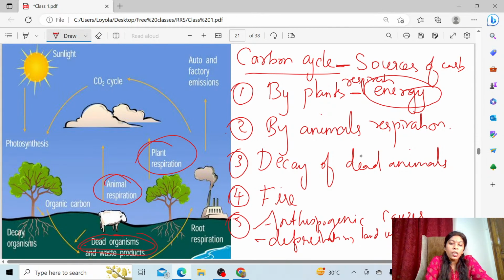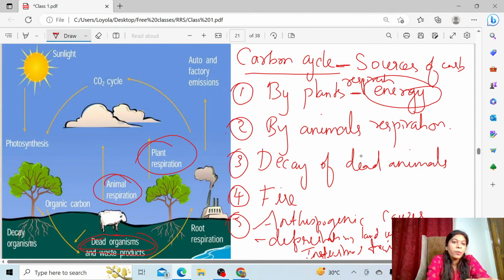Then industrial activity, burning of fossil fuels. If you want, you can write burning of fossil fuels itself. Then even vehicular emissions. If you go and see your old question papers, often you will find these types of questions: what are the sources of carbon dioxide?